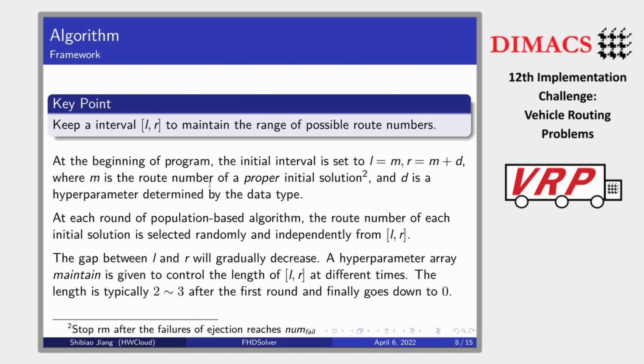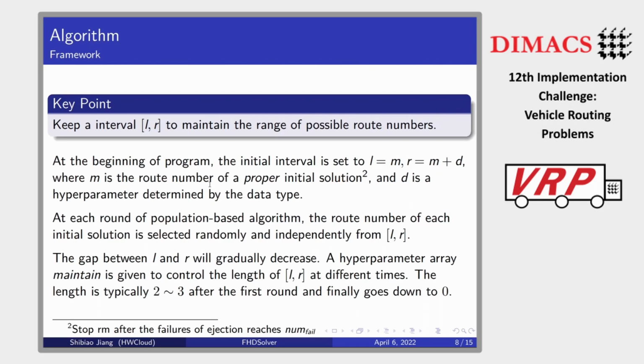And then, at each round of the population-based algorithm, the root number of each initial solution is selected randomly and independently from L to R. And the gap of AOR will gradually decrease under our control. There is a hyperparameter array maintained to control the length of AOR at different times.